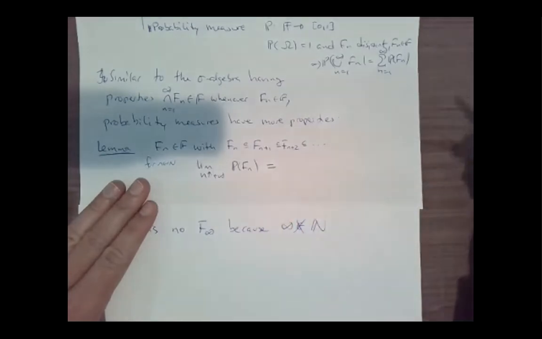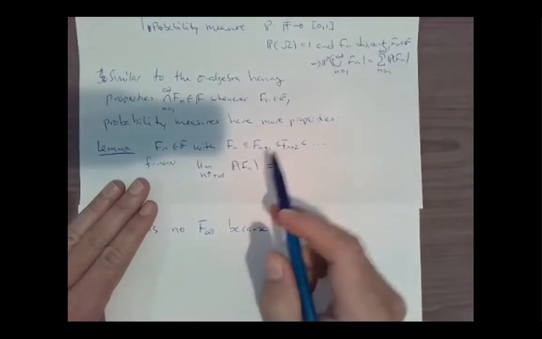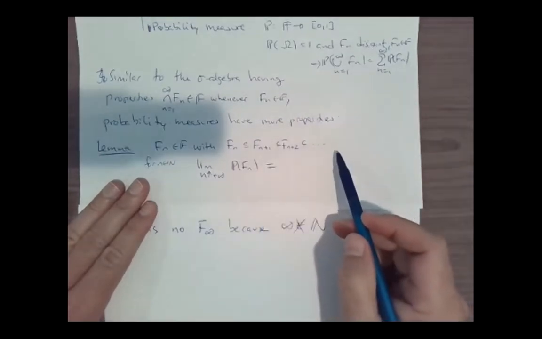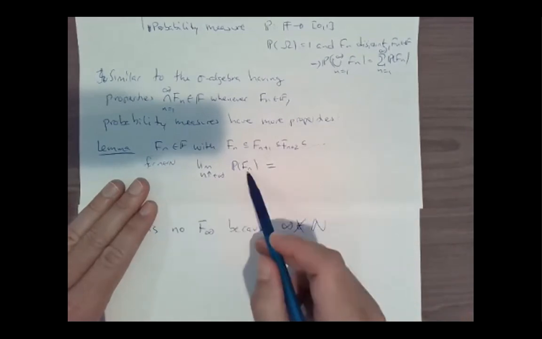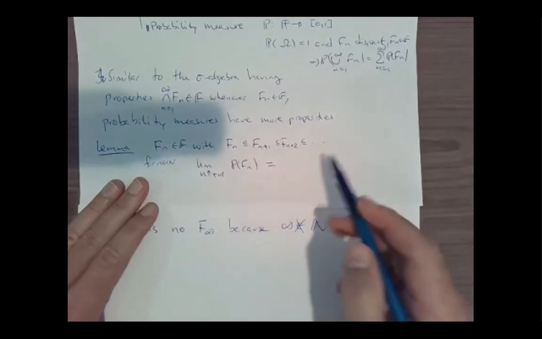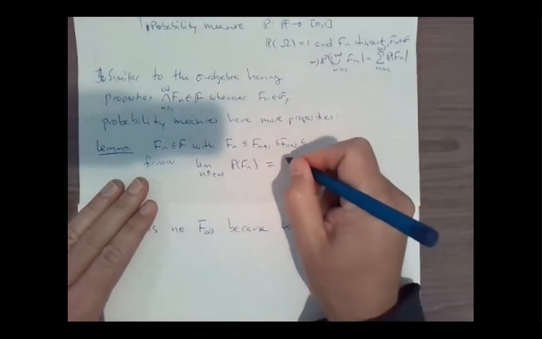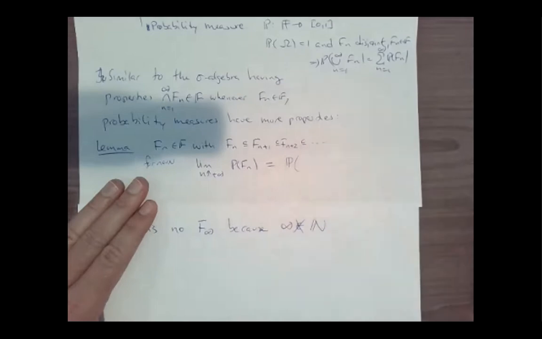But the idea is right. What is it we're going to get in the limit? We somehow want to pull this limit inside P, but we don't have an F infinity. But what could we write instead? It's going to be P of something. What could it be P of?